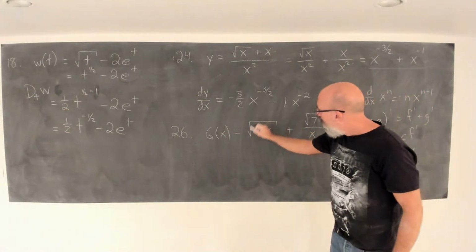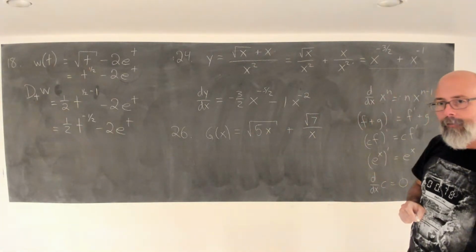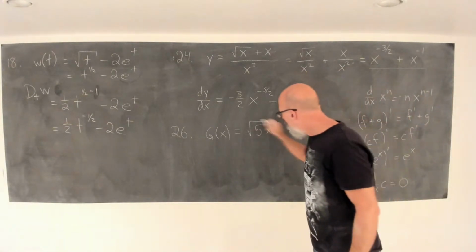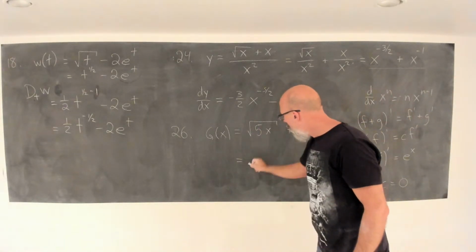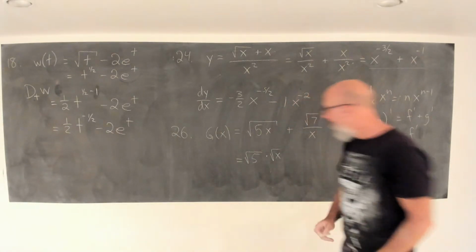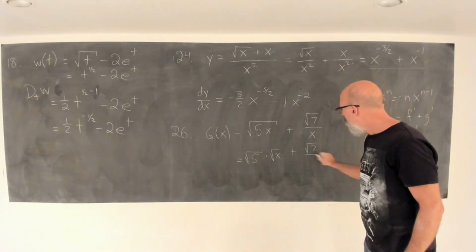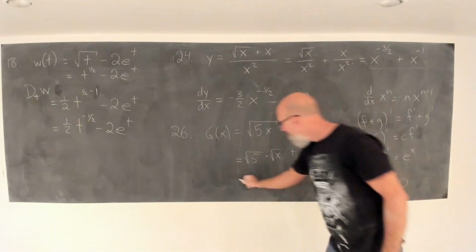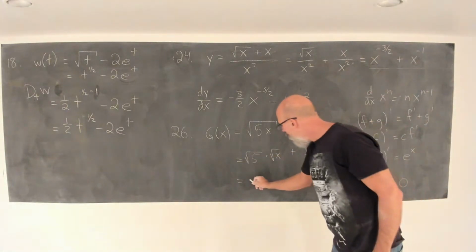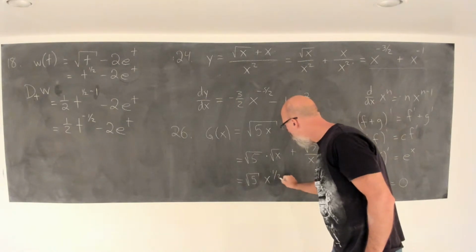Here, this square root of 5x is a bit problematic. But let's rewrite it as square root of 5 times square root of x. And now there's no more problem. Let's take it one step further and rewrite this as root 5 times x to the 1/2.